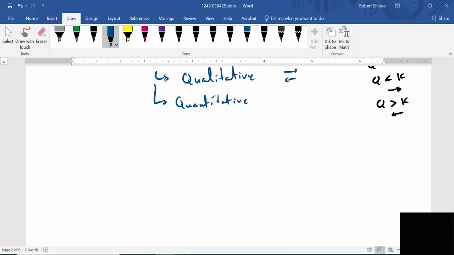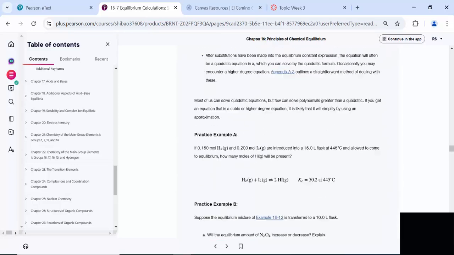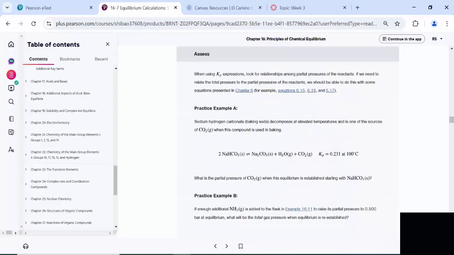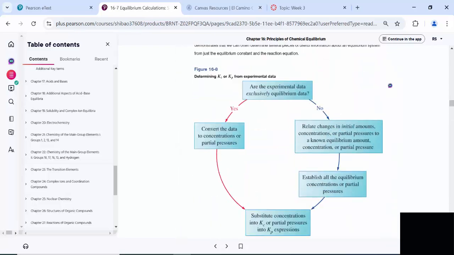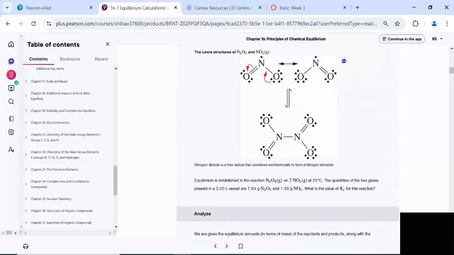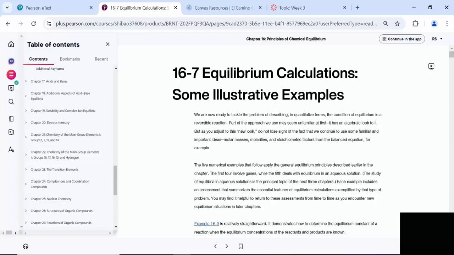And so I'll just grab a problem from the book. This is a good section too, this last section of chapter 16, which goes through representative calculations. You should take a look at those calculations and make sure you can do them all. 16.7, equilibrium calculations, some illustrative examples here.